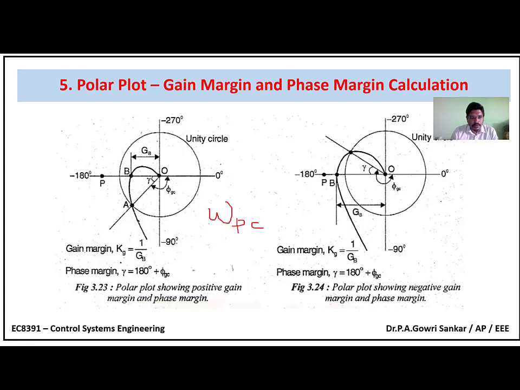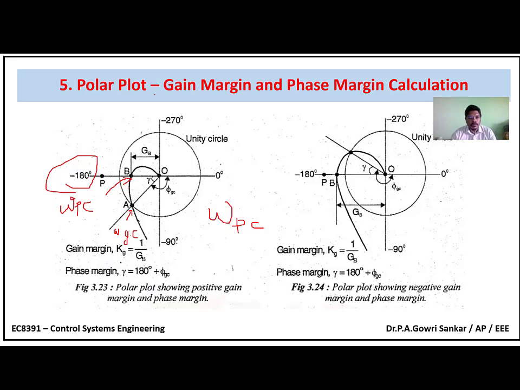This is the minus 180 degree line. So the frequency at which your curve crosses minus 180 degrees is called the phase crossover frequency. And the frequency at which your curve crosses the unity circle is called the gain crossover frequency.